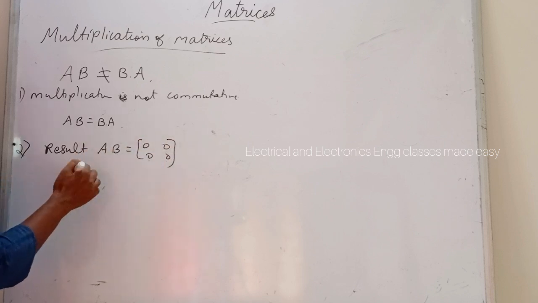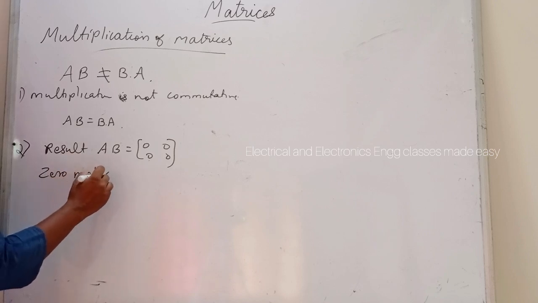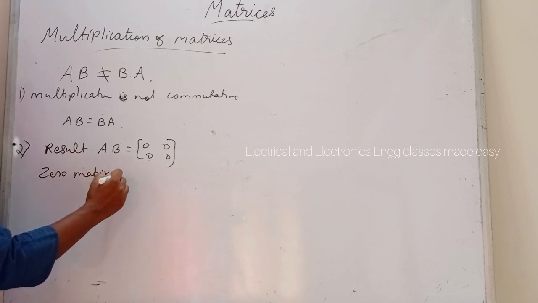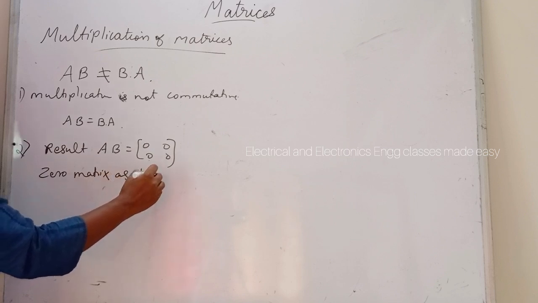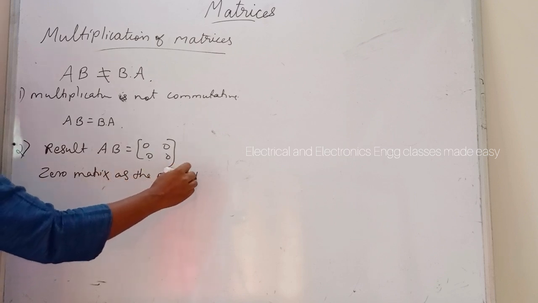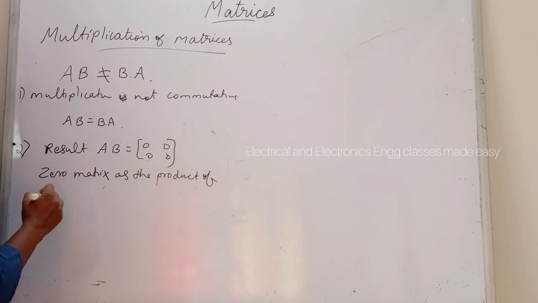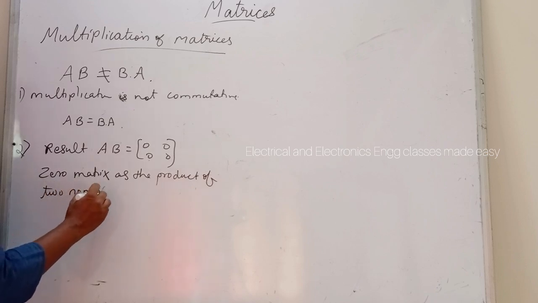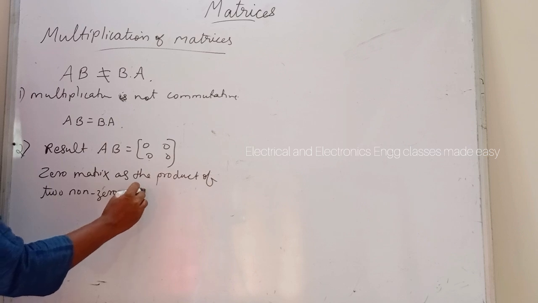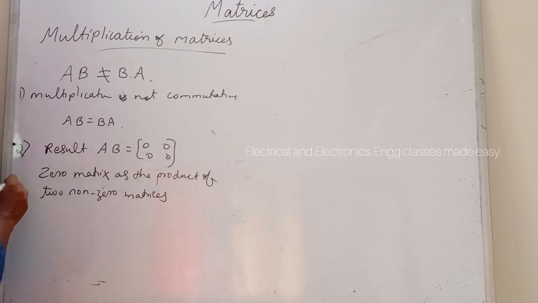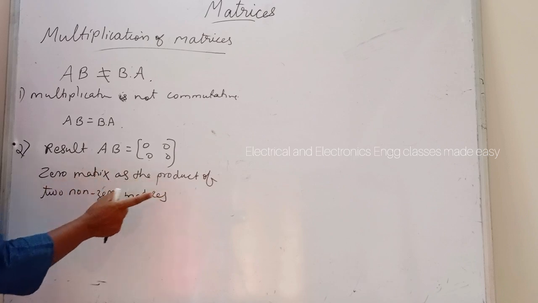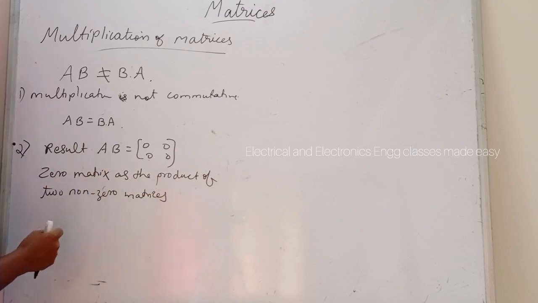So in some cases we get zero matrix as the product of two non-zero matrices.